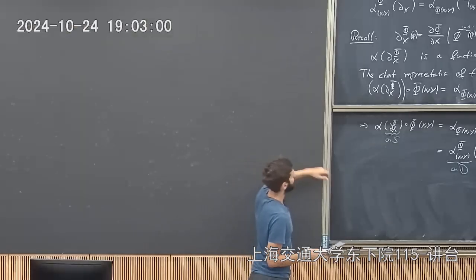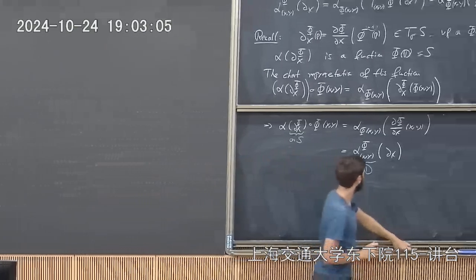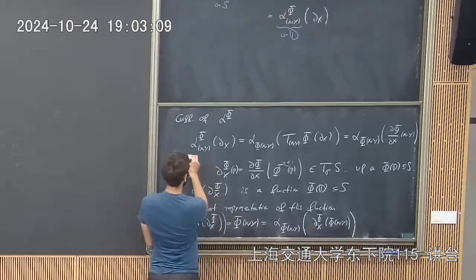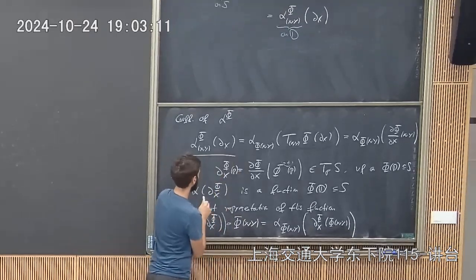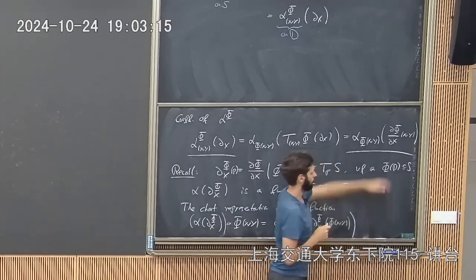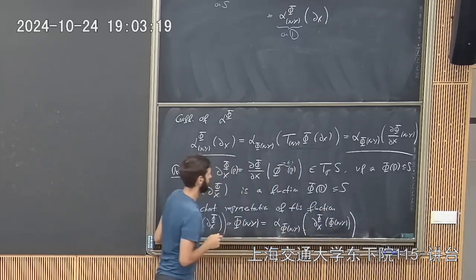So if you have to calculate things like this in your homeworks, you can either take this definition here, where you take the Jacobian and plug it into alpha and get a certain number.